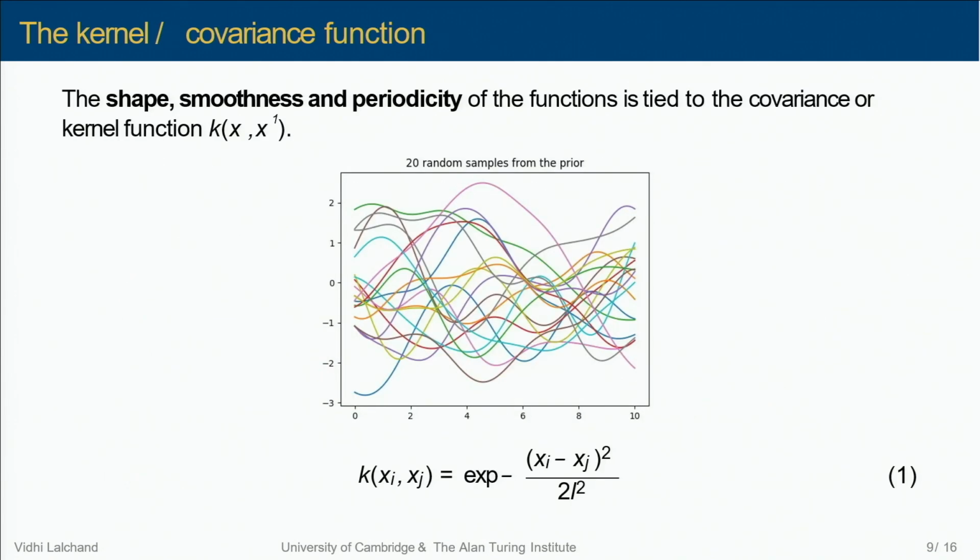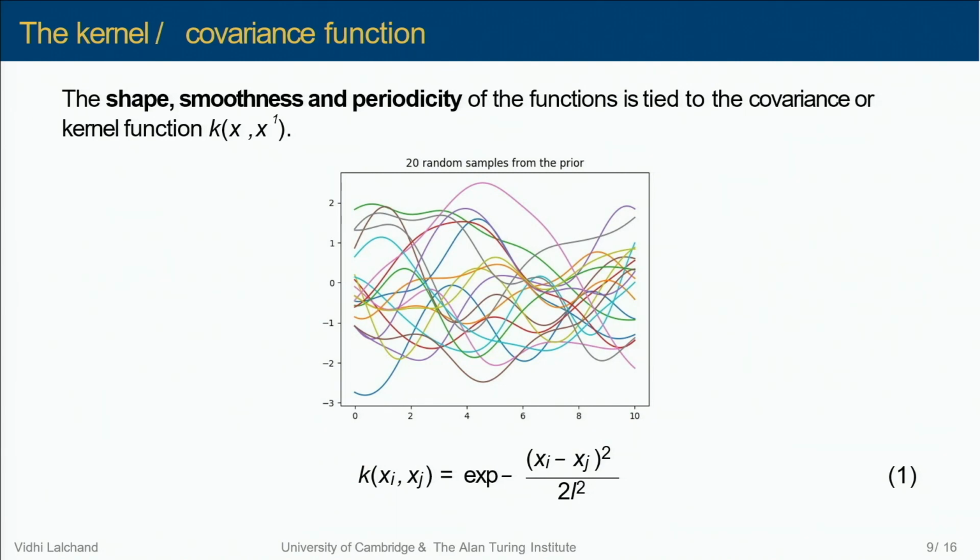For instance, this example is of samples drawn from a Gaussian process with the RBF kernel function. This kernel function has hyperparameters like the length scale L, which appears in the denominator. It governs how quickly our functions change.